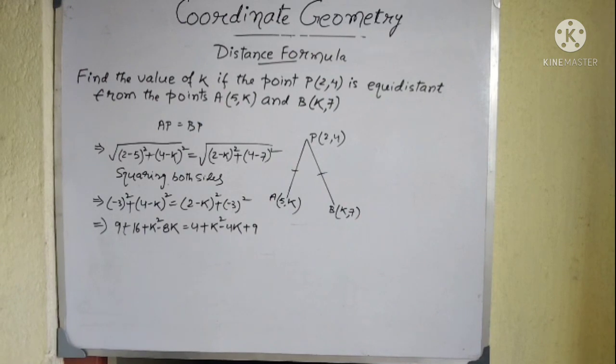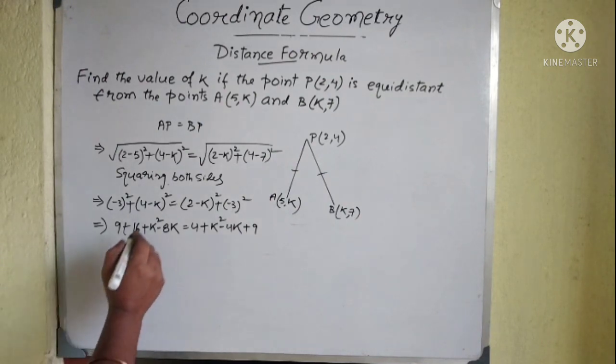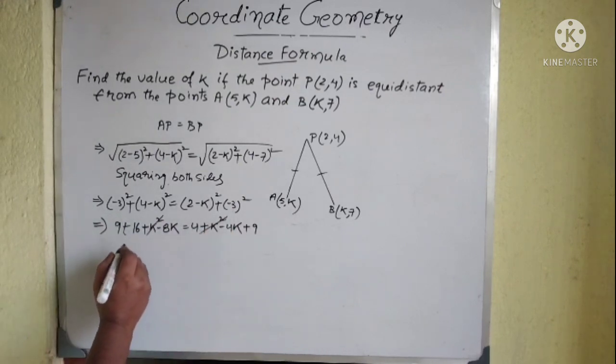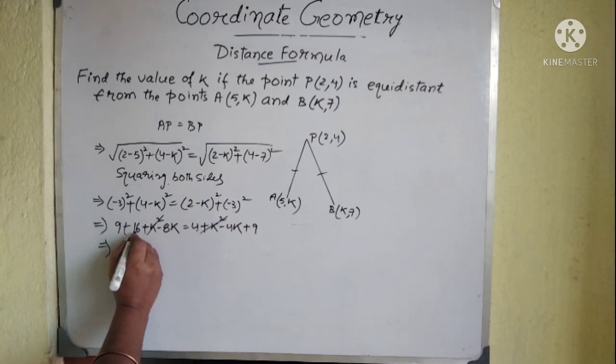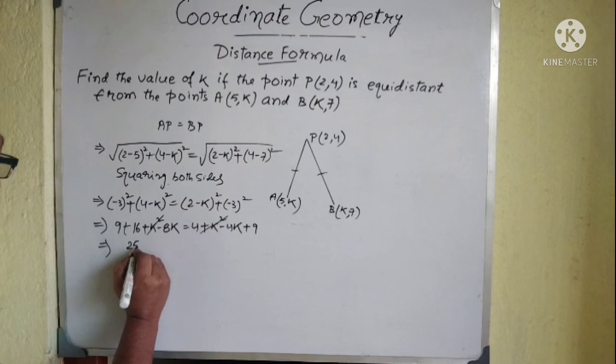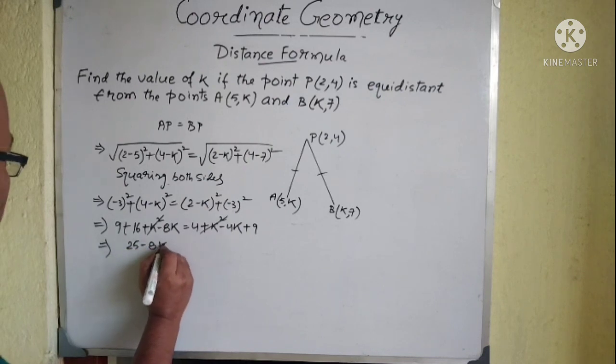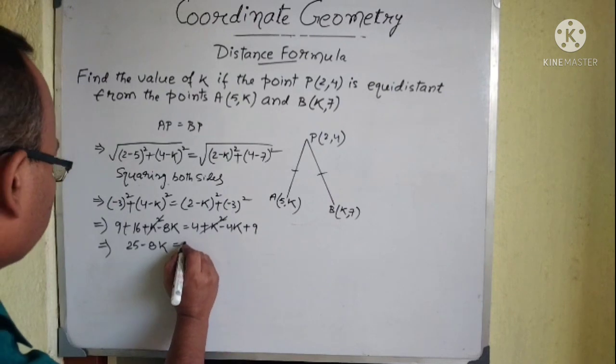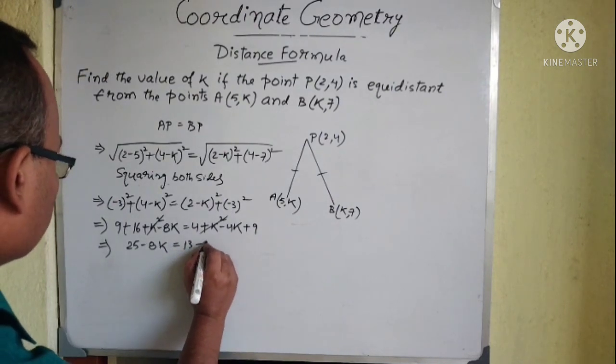So now you simplify. See, here you can cancel this k square and k square. Now this will be 16 and 9. How much? This is your 25 minus 8k is equal to 13 minus 4k.